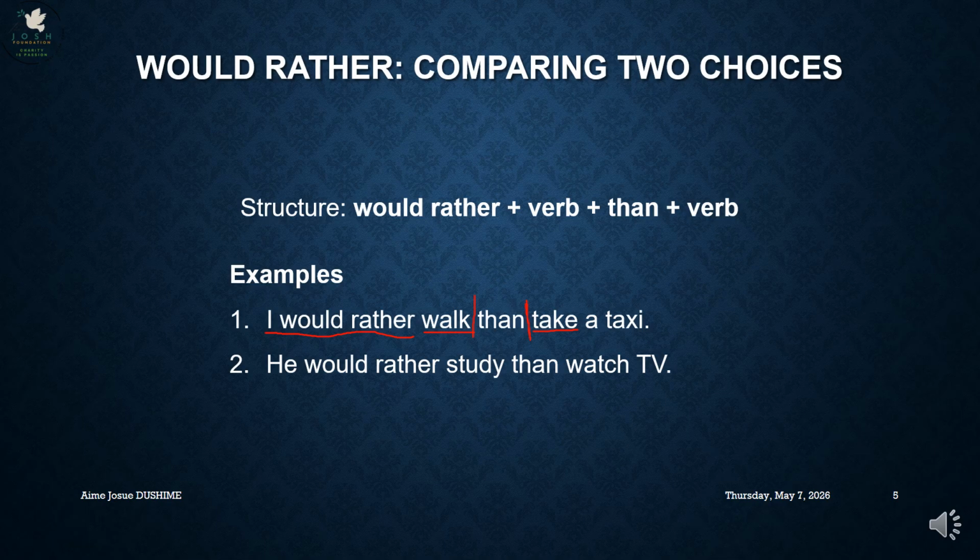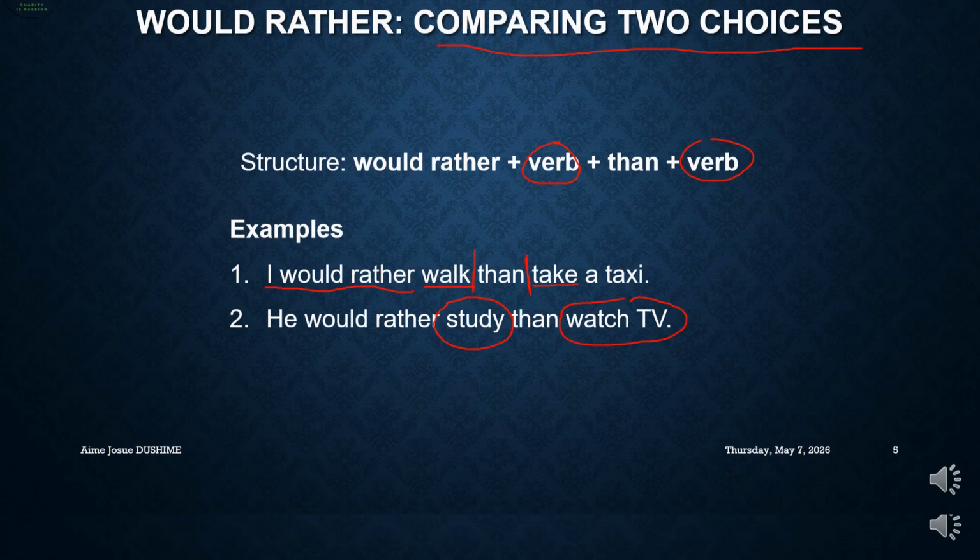He would rather study than watch TV. You see, now I'm comparing two choices: studying and watching TV. So he said that he would rather study than watch TV. If you check very well the verbs being used, they're all V1. You have walk, take, study, watch. They're all V1.